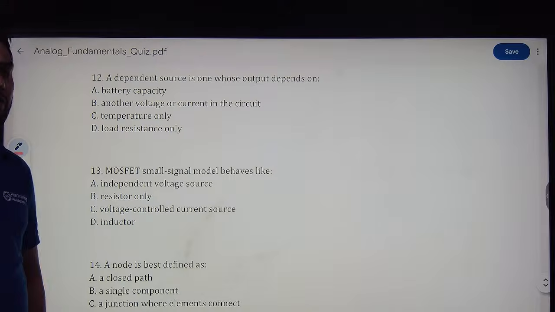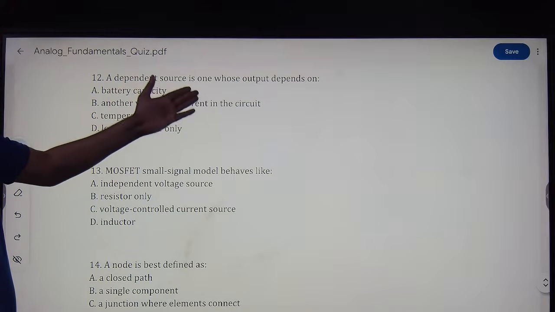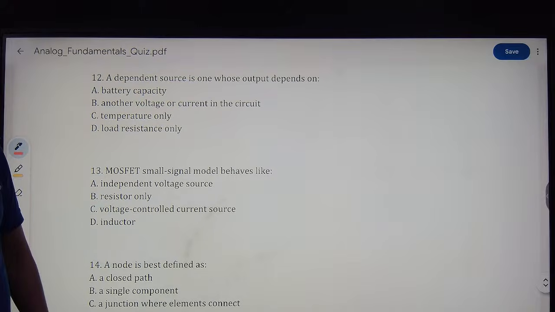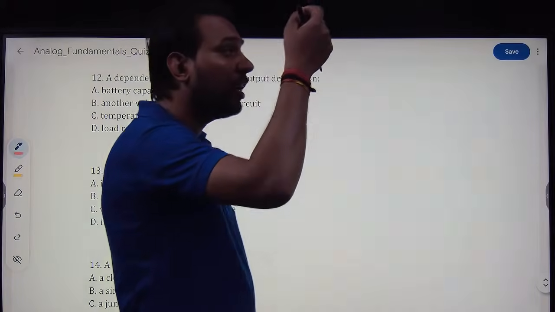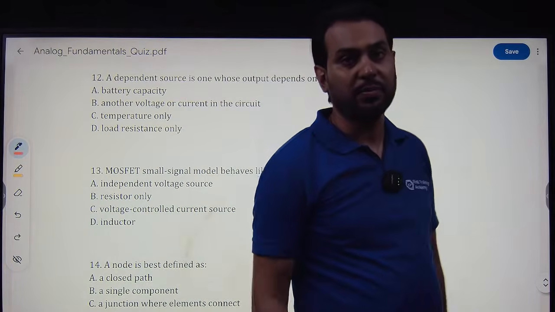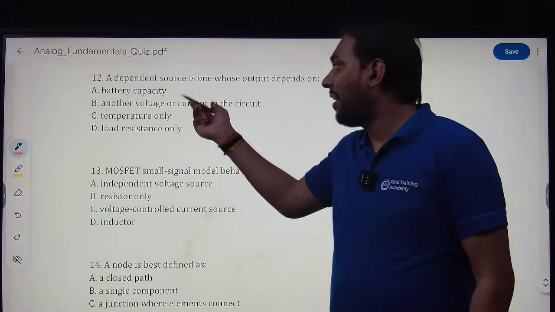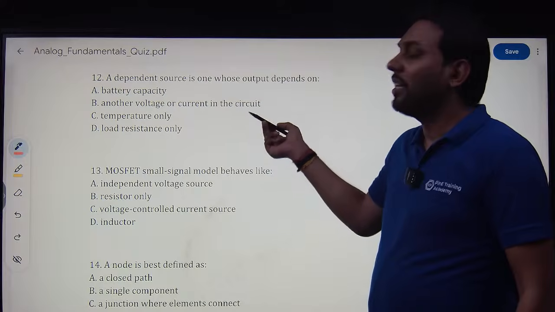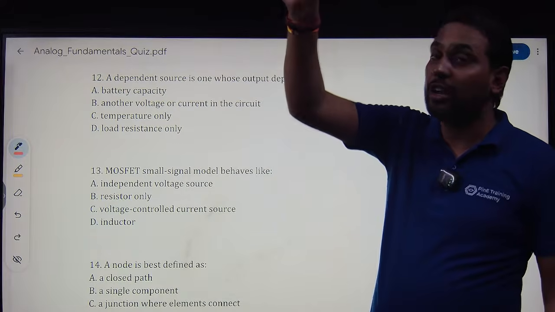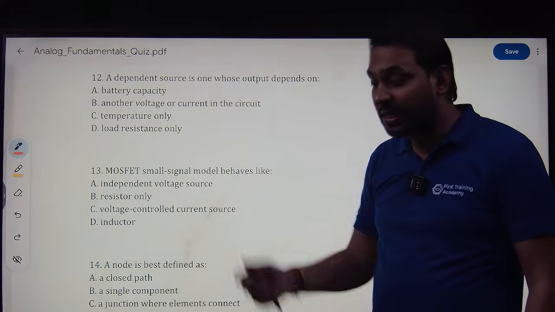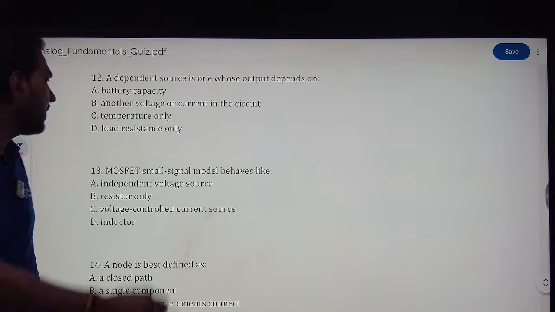A dependent source is always dependent on any voltage or current across any branch, and a branch has an impedance. Okay, so it depends on any other voltage or current of the circuit. So this is the correct answer.